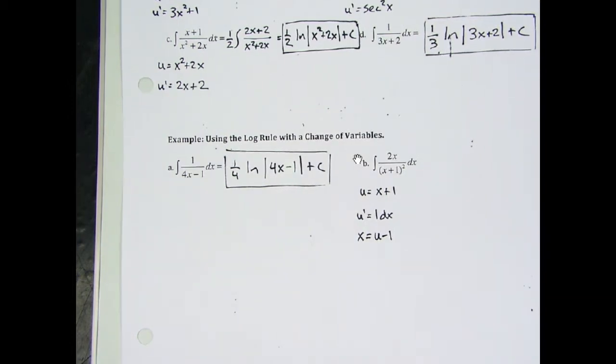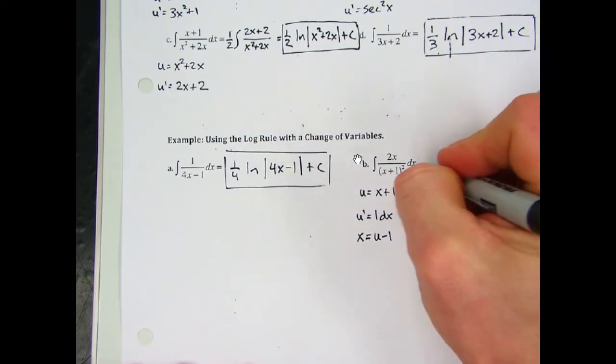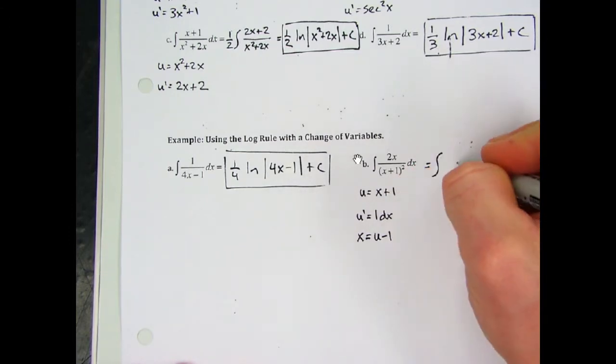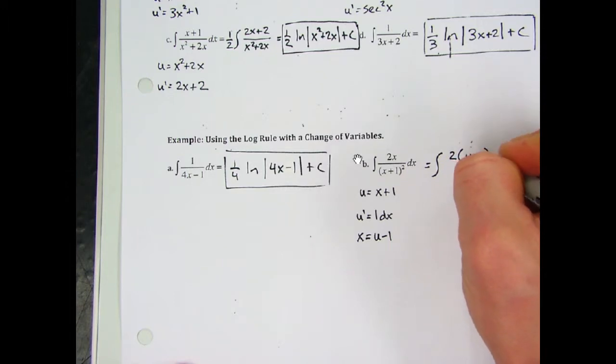Okay, so we really have the integral of 2 times u minus 1 over u squared.